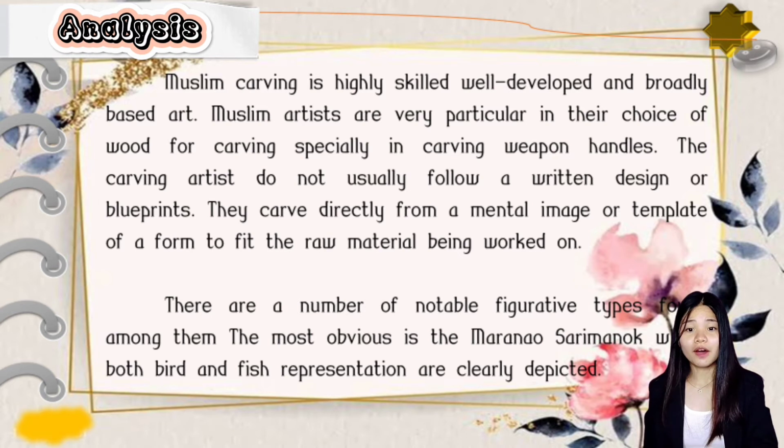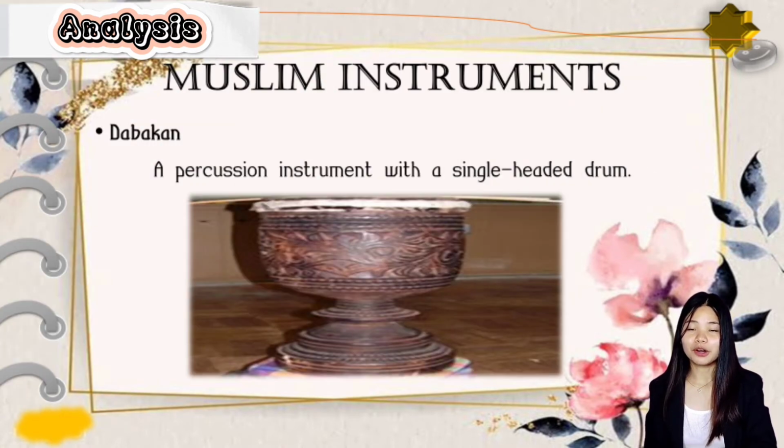Although non-figurative art is predominant among Muslim Filipinos, there are a number of notable figurative types found among them. The most obvious is what you have guessed. Yes, it is the Maranao sarimanok, where both bird and fish representations are clearly depicted. Aside from their wood carving and weapons, they also have instruments for music.